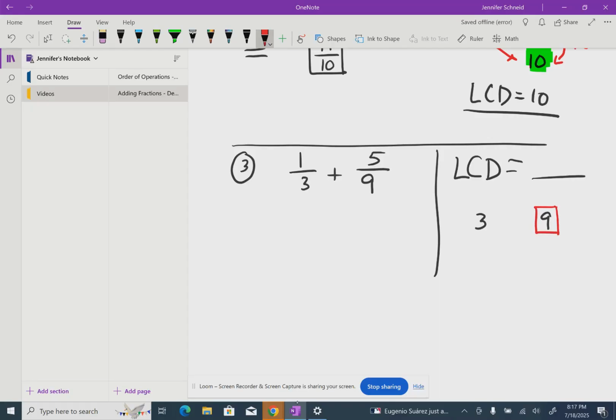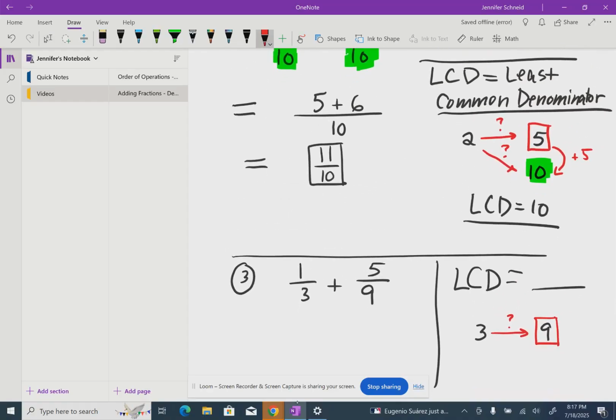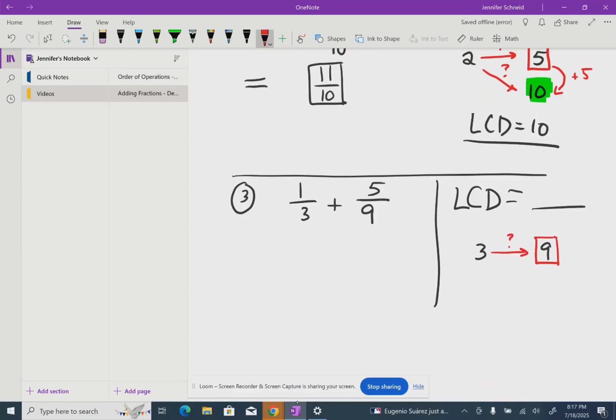And I am going to say, does the smaller number go into the larger number? This time it does. Last time when we did it, 2 did not go into 5, so I had to get another multiple. But in this case, 3 goes directly into 9, and so 9 is the least common denominator.